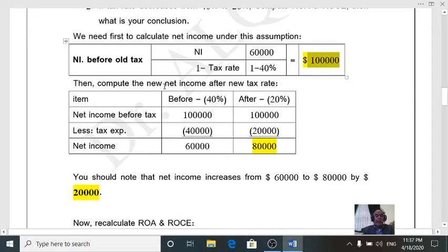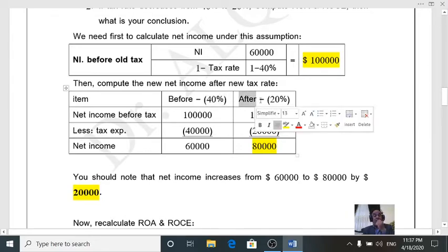Now, to clarify it more, we draw the following table. In this column is before, when the tax rate is 40%, and this column is after, when the tax rate is 20%. Net income before tax is $100,000 and $100,000.